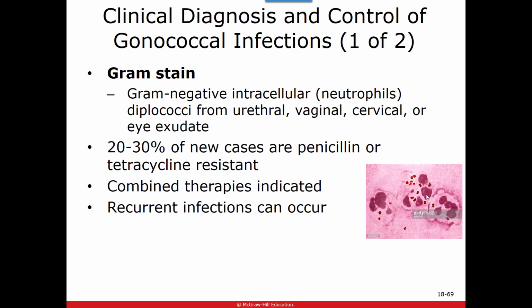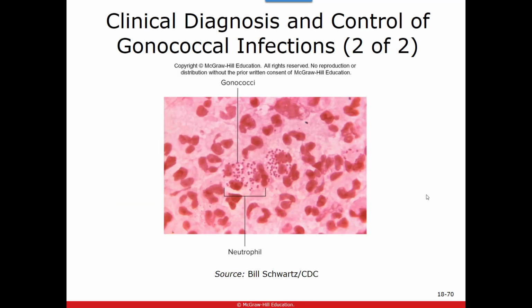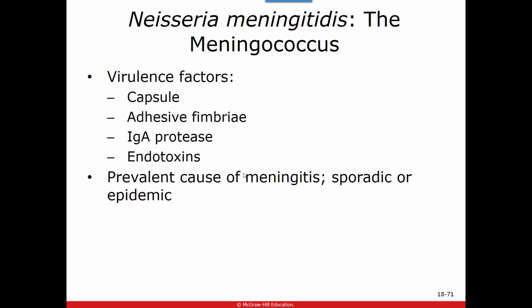Now, we've talked a little bit about some of these virulence factors in some other bacteria, but we're going to talk about one more bacteria, our last bacteria. It's Neisseria, so it's still gram-negative, it's still cocci, but it's Neisseria meningitidis, called the Meningococcus.